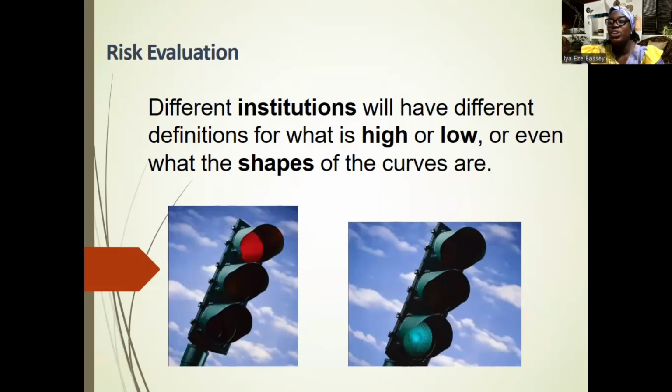So different institutions will have different definitions for what is high risk or low risk, or even what the shapes of the curve are. So we can see two different institutions, one saying, no, stop that work, that risk is unacceptable, another saying, go ahead, the risk is acceptable. But that is still the same situation, with two different institutions taking different stands on it.